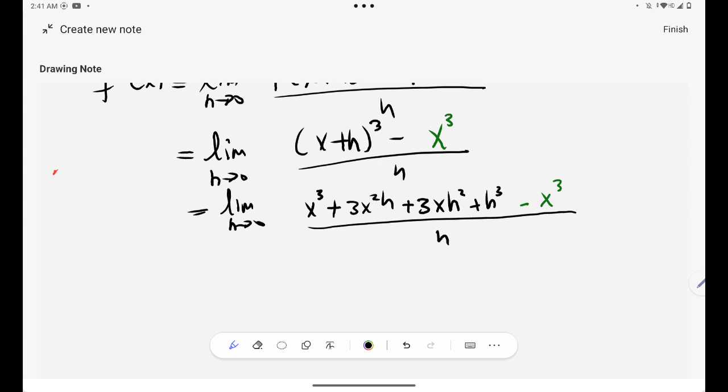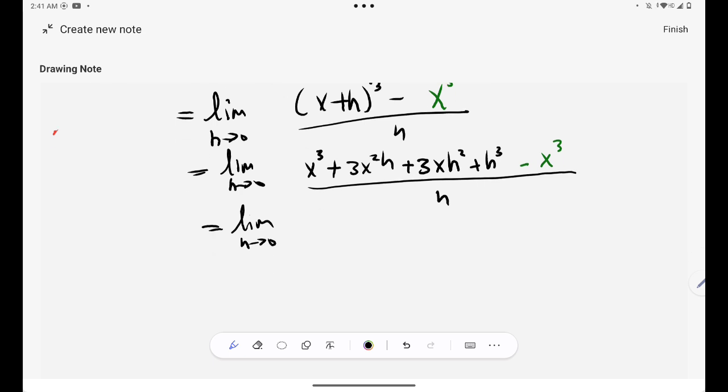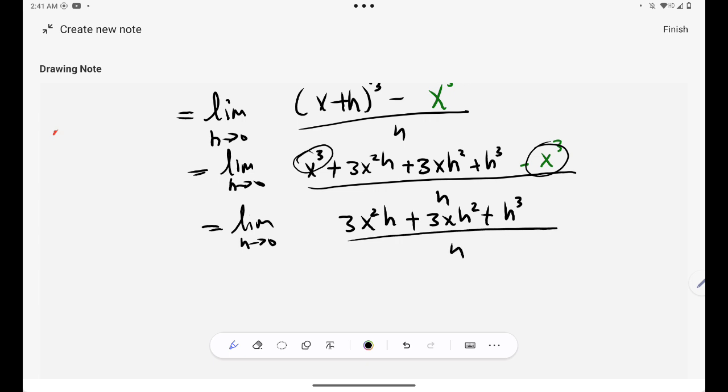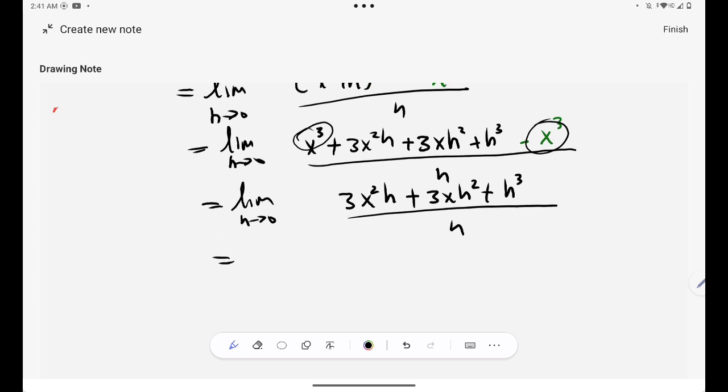This entire thing is divided by h. This guy will subtract this one. I will be left with 3x squared h plus 3xh squared all over h. Then I must try to remove the h at the denominator.